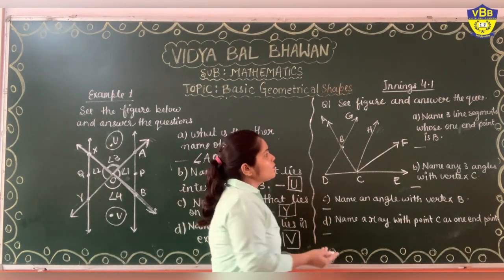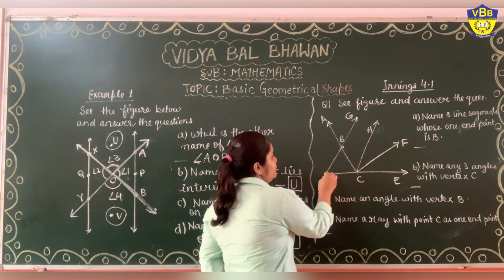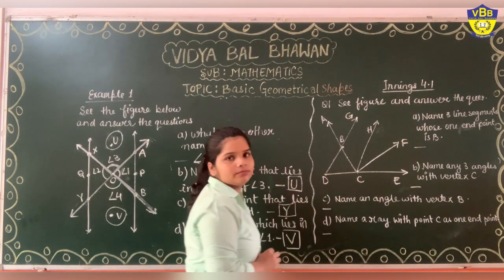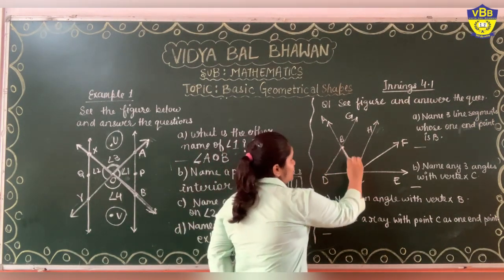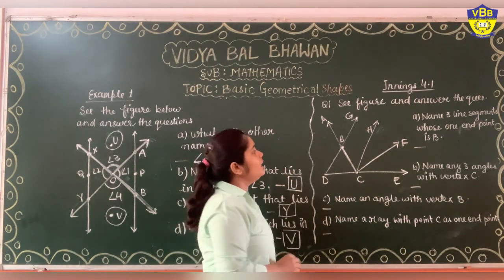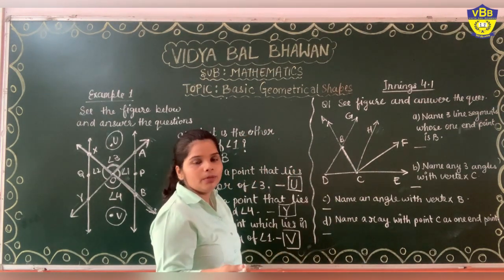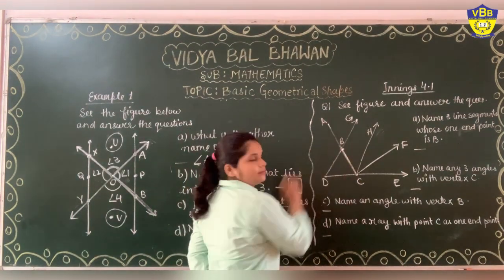So, what are the 3 line segments? You can see BD is a line segment. BC can be the second line segment. And any other line segment from the point B, that is BA.